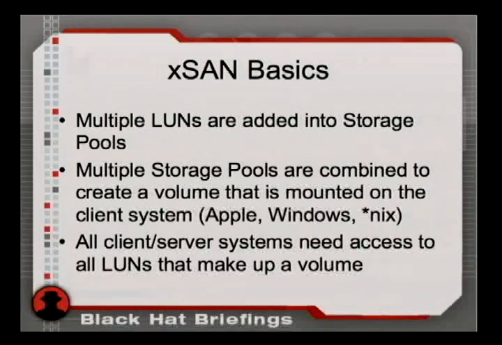As far as the way that Xsan works, that's a little different from a lot of other SANs. You basically add multiple LUNs into a storage pool, and as you're adding them, you tell it whether to add data to the storage pool in a weighted fashion or to do it in round robin.